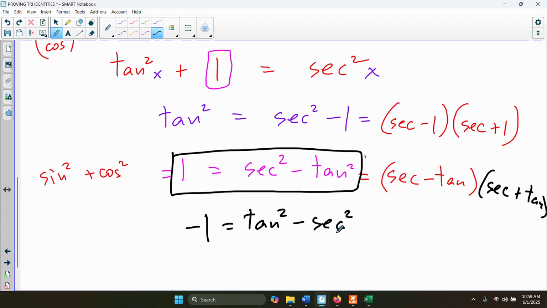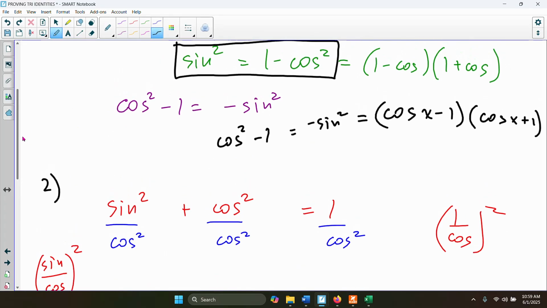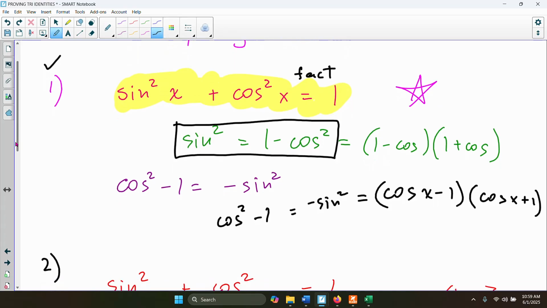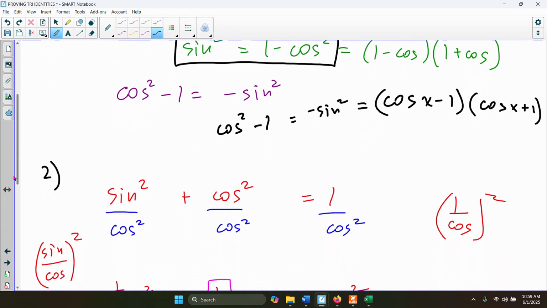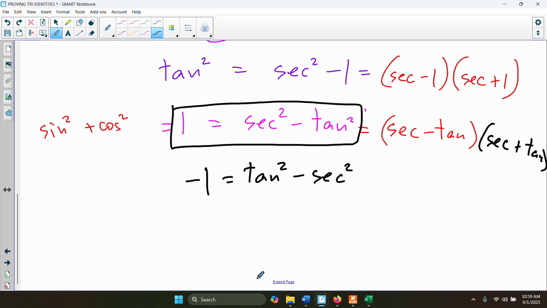Look at that. All of a sudden, just from this, now I don't want to say basic, because yes, it is basic, but it's super, super important, look how many different identities, how many different equations we could come up with, and we're not even done yet.